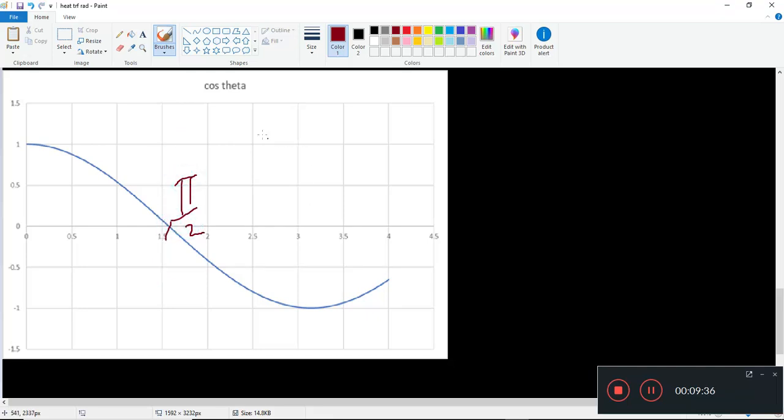So what it's saying is that cosine theta equals the negative of cosine of pi minus theta, right?